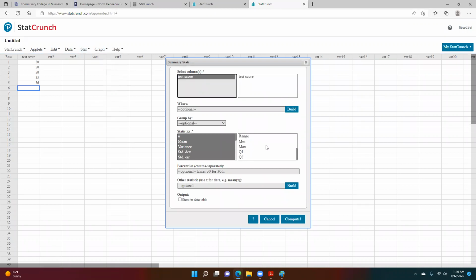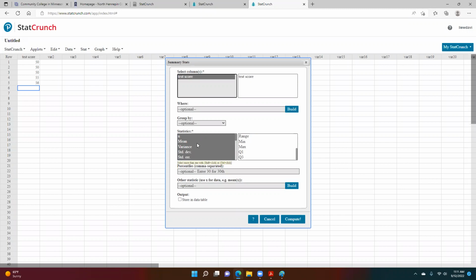Now, what you need to know is if you scroll down to the statistic part, they only show mean and median. They don't have any mode. So you have to click on this statistic and move your mouse over there, and it says select more than one with shift click or control click.